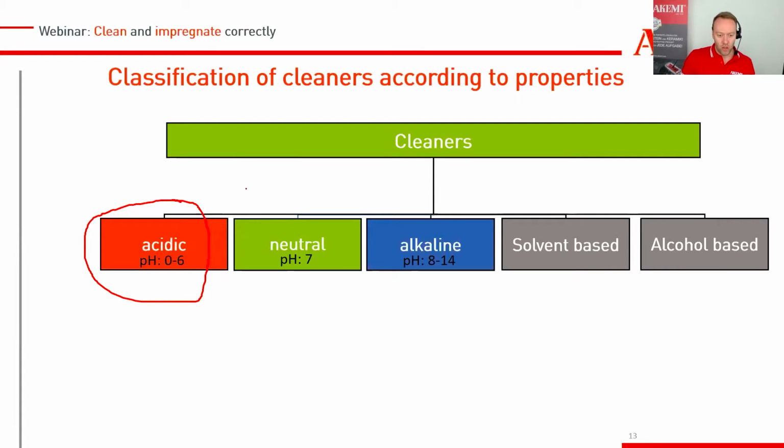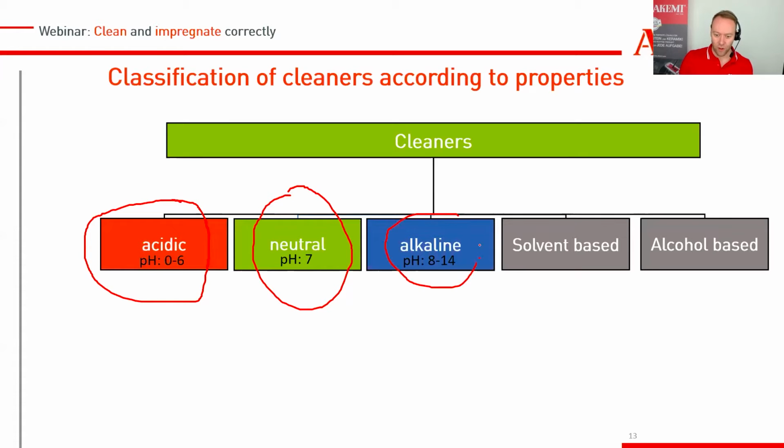Then we have neutral cleaners, pH 7. Neutral cleaners are not quite aggressive. Usually these products are used for maintenance purpose, so for daily or weekly cleaning process. Because our second part of the webinar is sealers, impregnators. If you protect your stone properly, you don't need any of these strong chemical bases like alkaline or acidic. So usually you're fine with a pH 7 neutral cleaner.